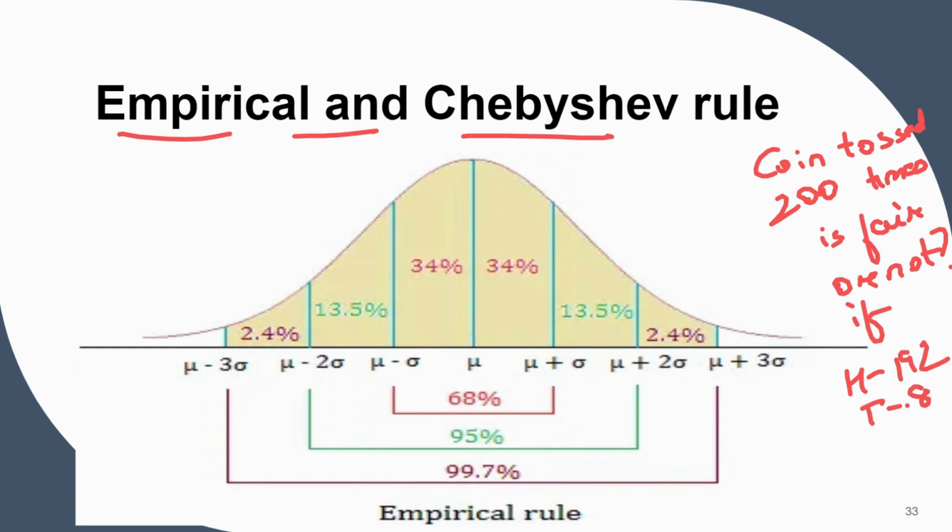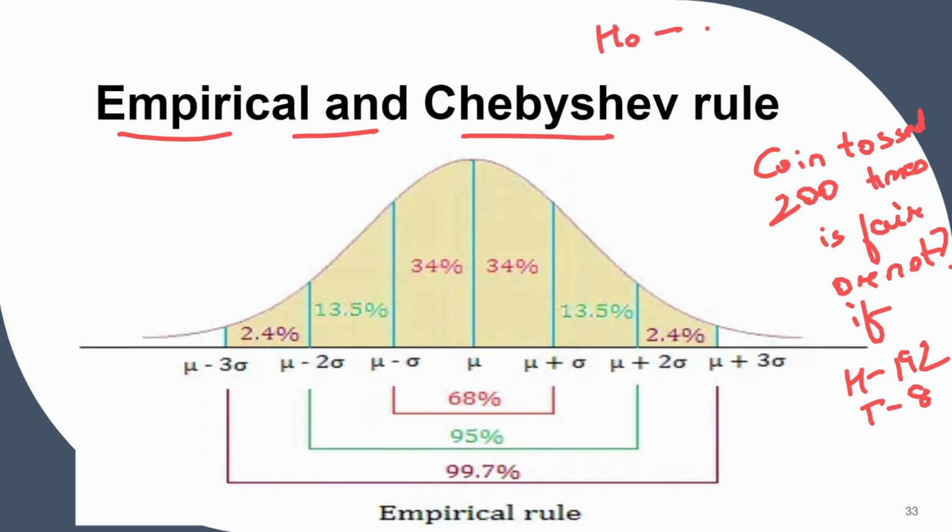So this is our research question. That means we have taken a sample of 200 out of infinite, and we are saying on the basis of this sample what results we got about fair or not fair. We have to apply a hypothesis test.